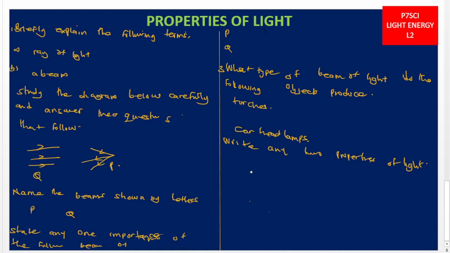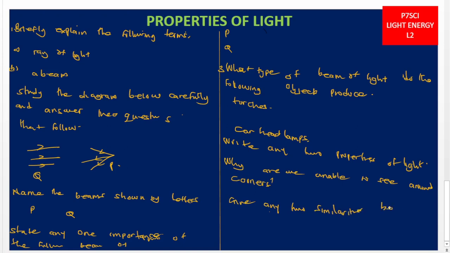Why are we unable to see around corners? Then give any two similarities between light and sound.